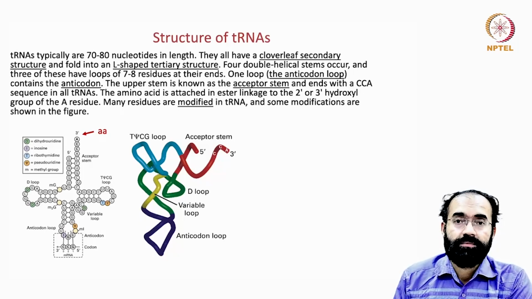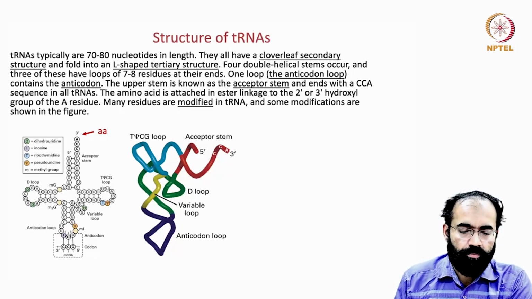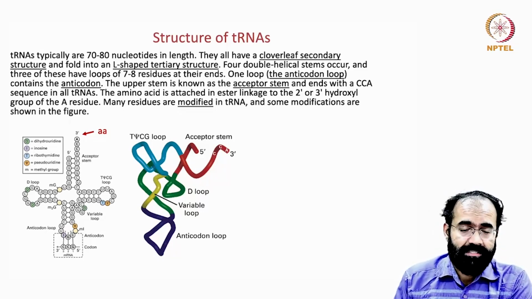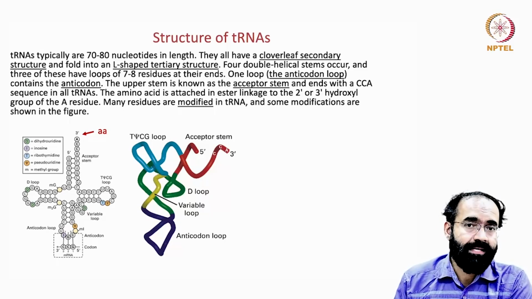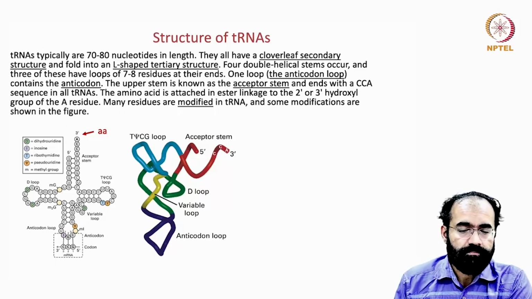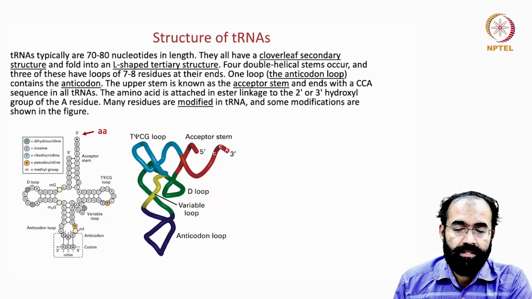One loop we call the anticodon loop, that is this area. The anticodon loop pairs with the codon, and it contains the anticodon sequence, a 3-base sequence complementary to the codon. The upper stem is known as the acceptor stem, and it ends with a CCA sequence in all tRNAs.